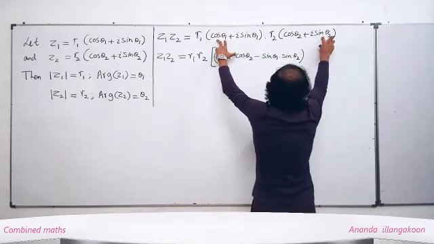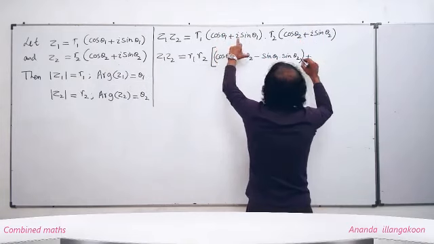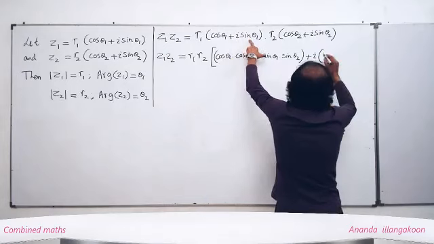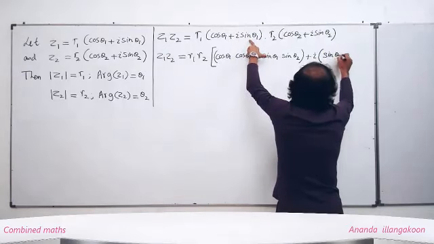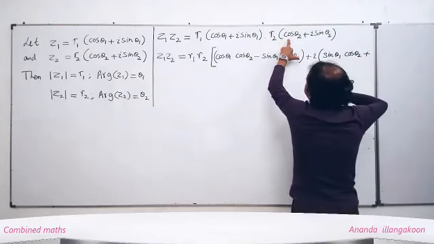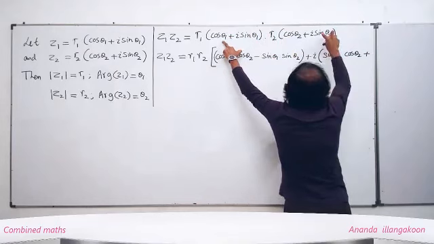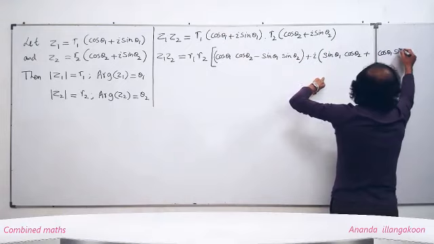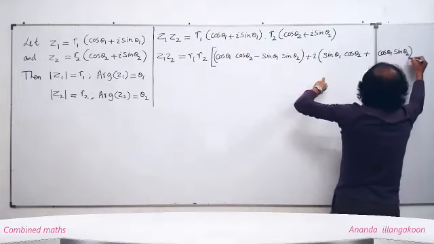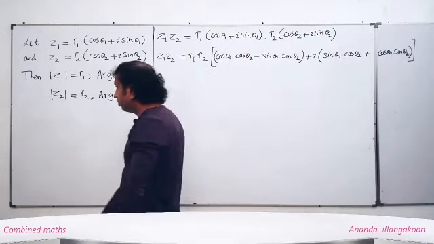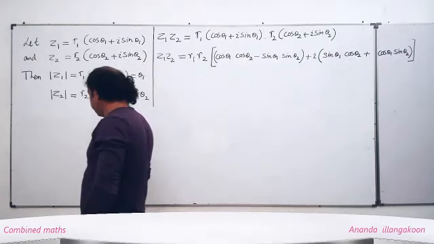Then I is common, so I can take this I out: I times (sin theta 1 into cos theta 2 plus cos theta 1 into sin theta 2). This way we get it.